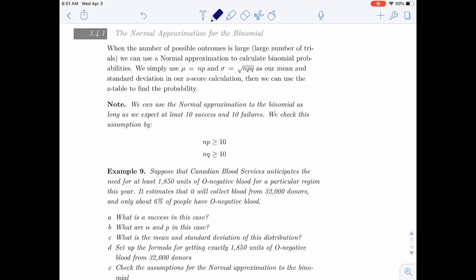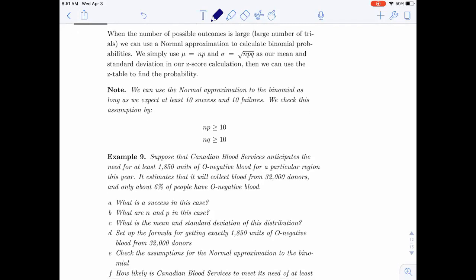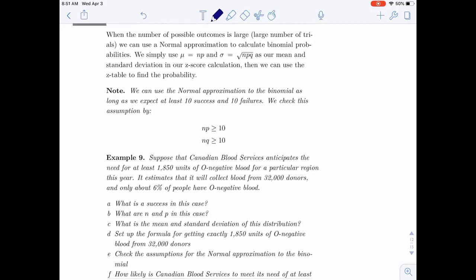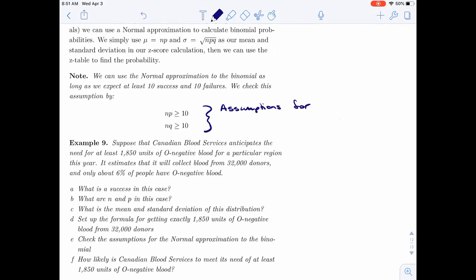So these are the assumptions for using the normal approximation to the binomial.